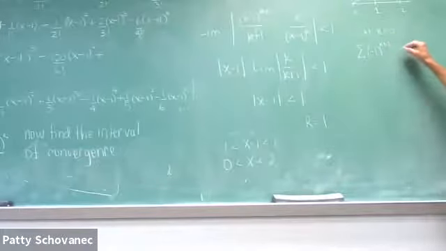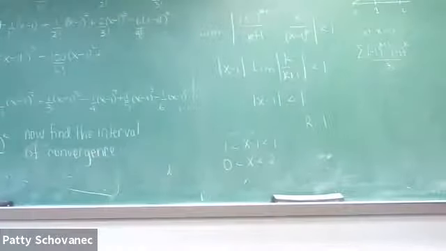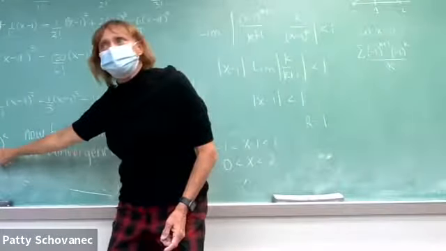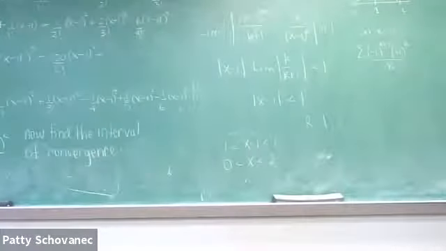Put a 0 in there, that becomes -1 to the k all over k. I'm just putting a 0 in for x. Because when you multiply like bases, you add exponents. So that gives me a power of 2k plus 1 on the -1.